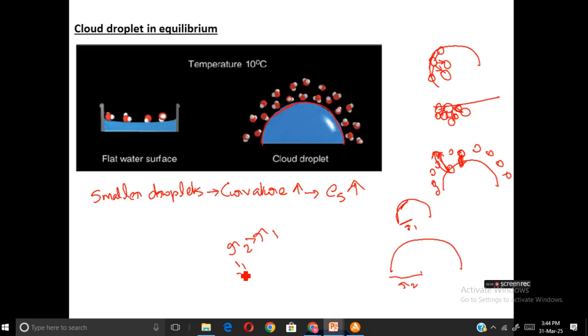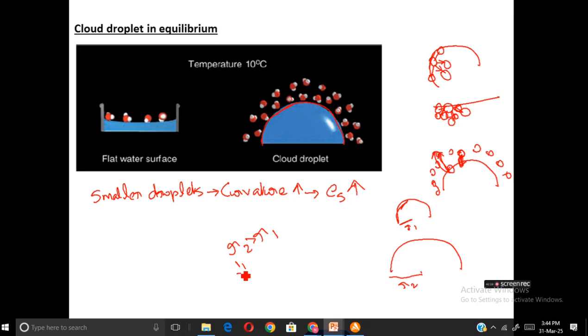So what does it mean by vapor pressure? If some molecules are evaporating from the surface of the cloud droplet, there should be vapor molecules that immediately condense and keep the cloud droplet intact. So that basically shows the saturation vapor pressure. In case of smaller water droplets, because the curvature is more, the water molecules are less strongly attached to the surface of the droplet.